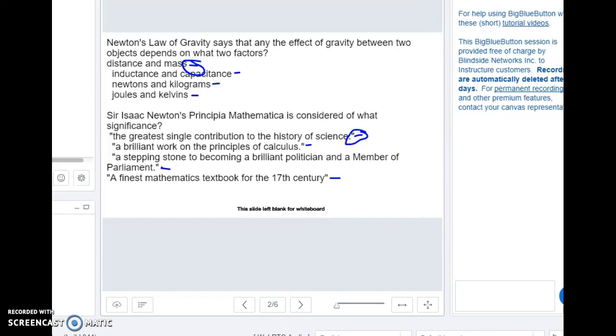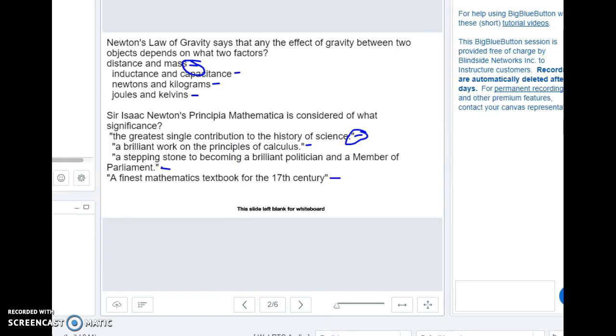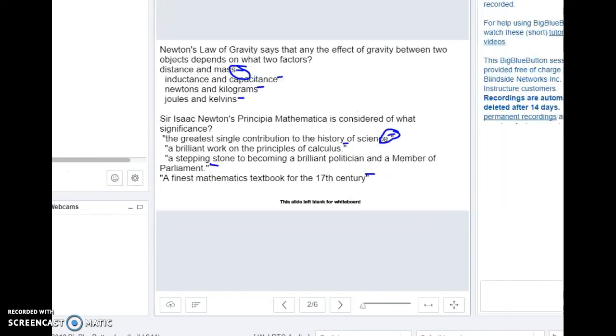All right, let me talk about this one a little bit. Oops, I'm sorry guys. Didn't mean to do that. So in his Principia, he lays out his laws of motion and his laws of gravity at a time when no one had any idea of the nature of these subjects.